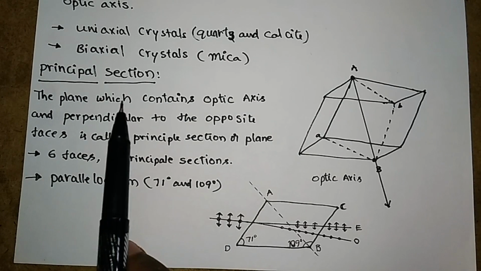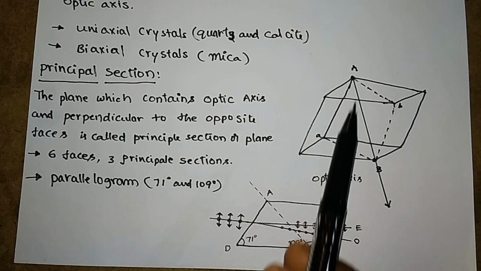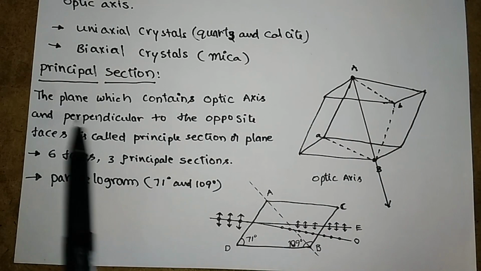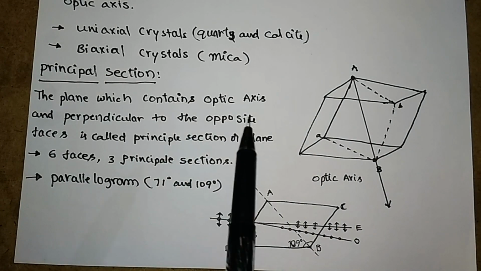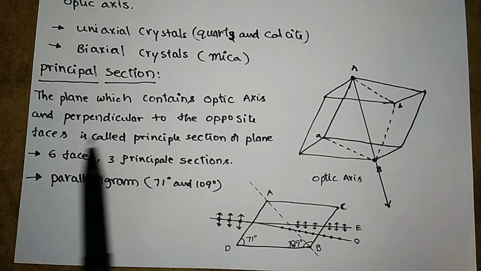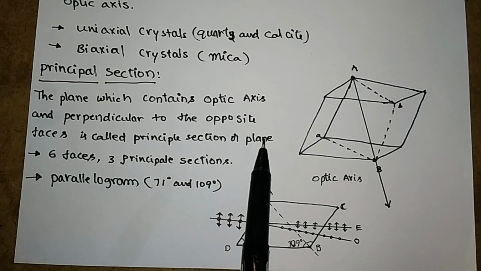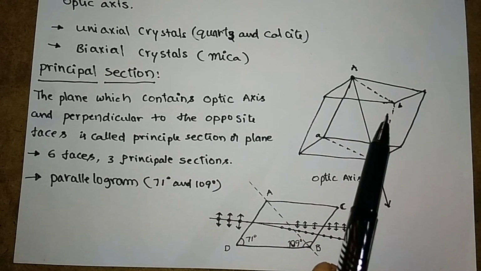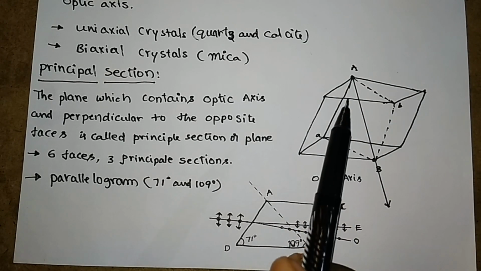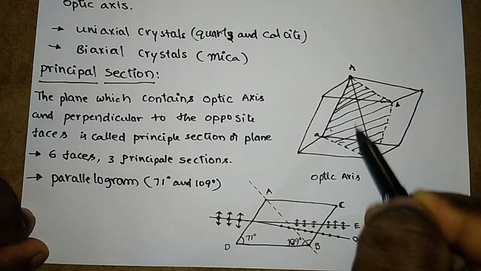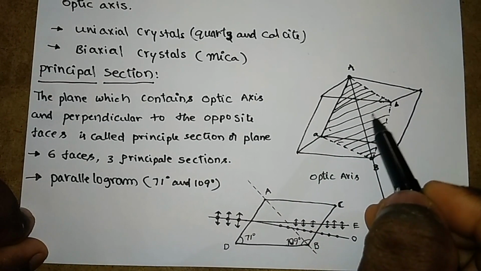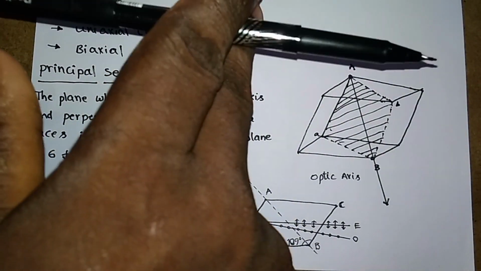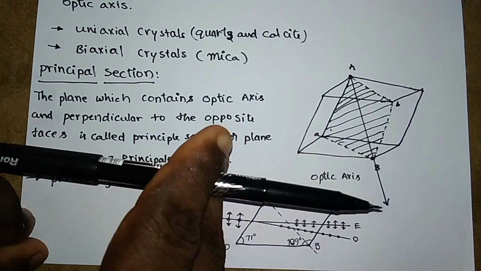Okay, the plane which contains the optic axis, which passes through the blunt corners A and B, and is perpendicular to the opposite faces is called the principal section or principal plane. Okay, here is the principal section. This plane is the principal section. It is perpendicular to the above plane and perpendicular to the below plane.